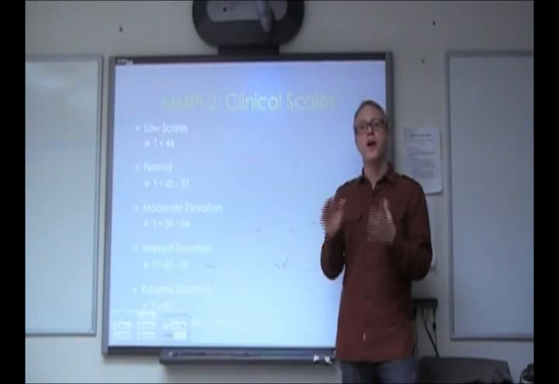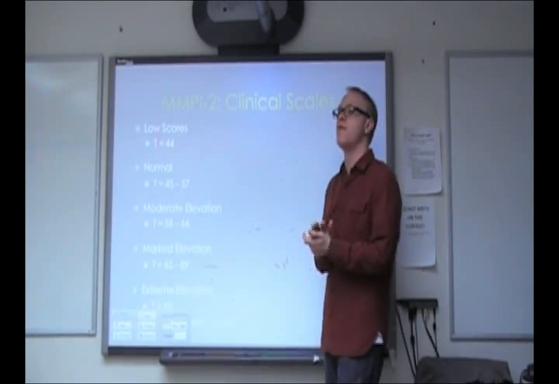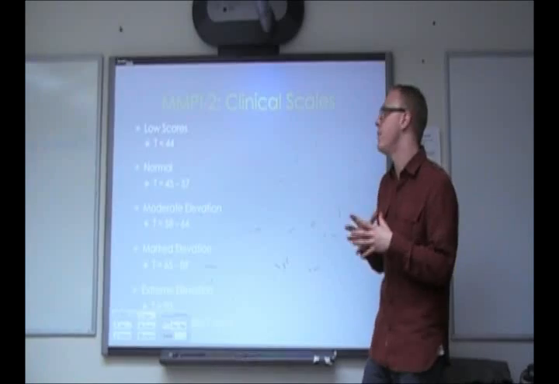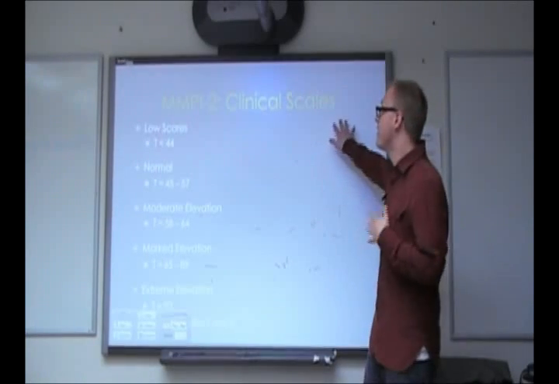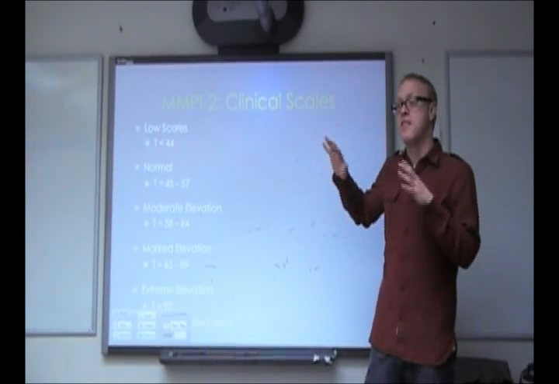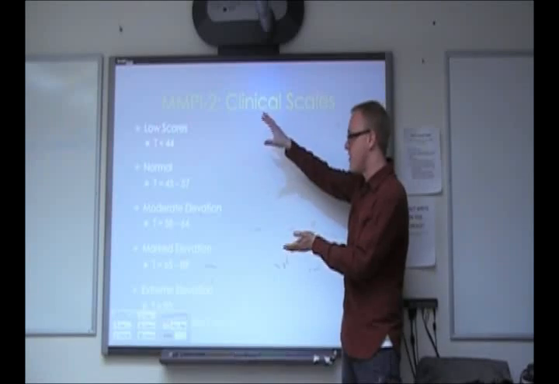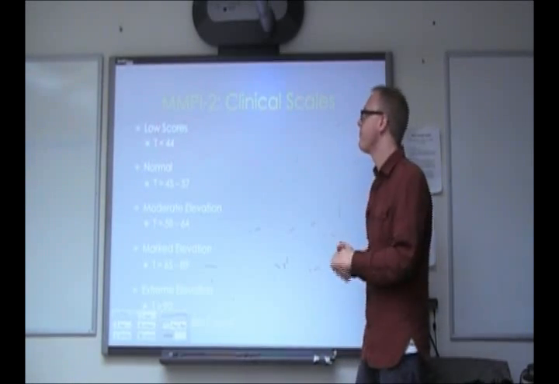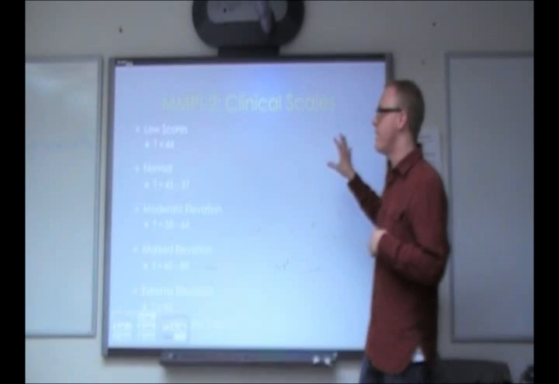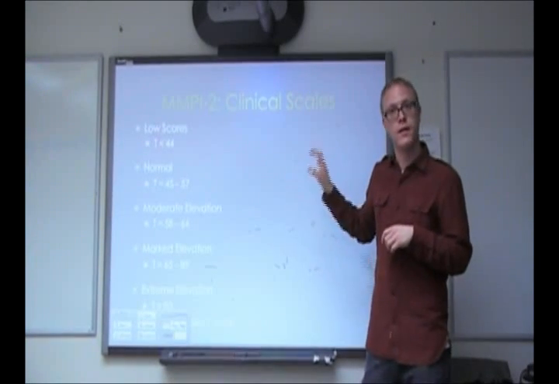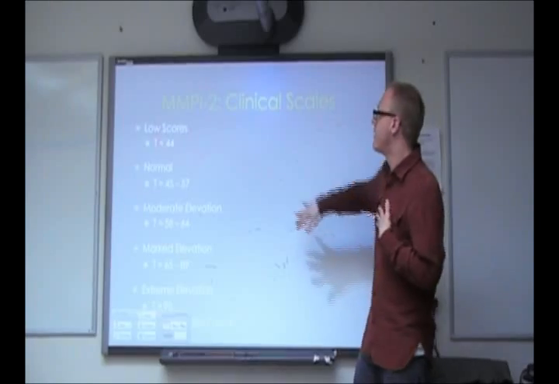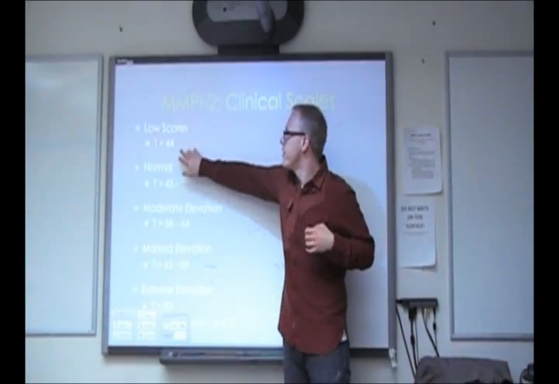While the T-scale cutoffs for the different validity scales jump around a lot, and it's a lot of numbers to keep in mind, the nice thing about the clinical scales is that essentially you can always remember these sets of numbers and use those for all the clinical scales. Again, these numbers are based on Graham. Might be a little bit different depending on the source. Low scores are anything lower than 44.